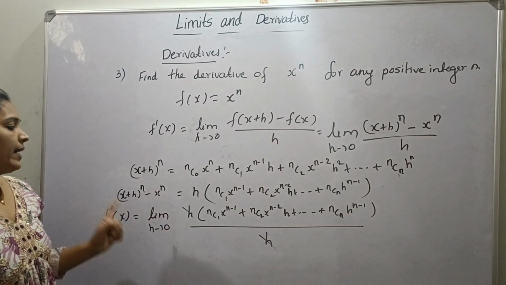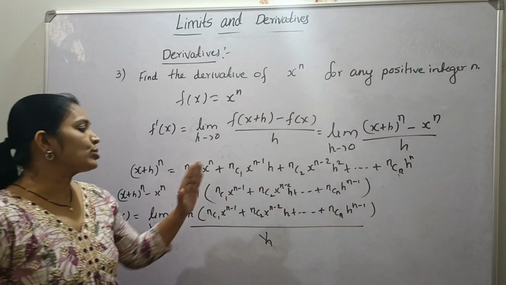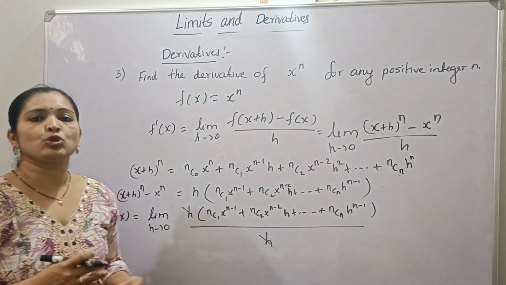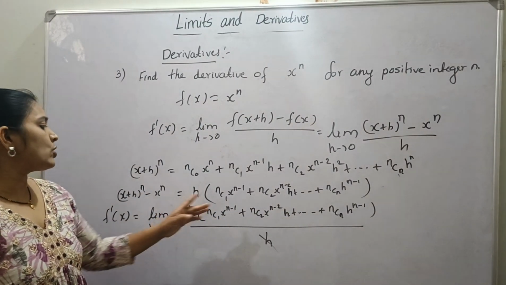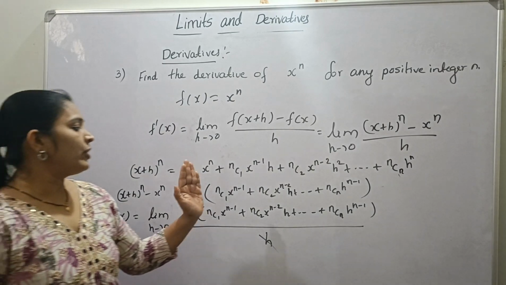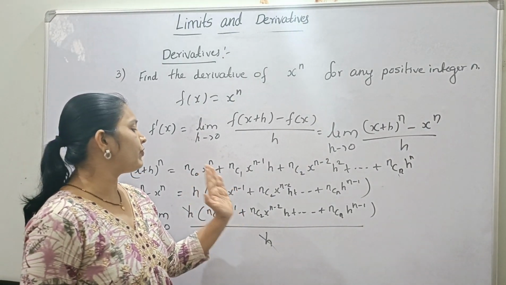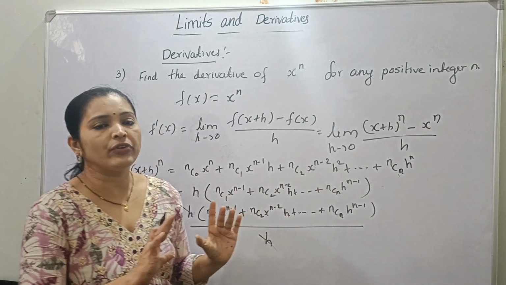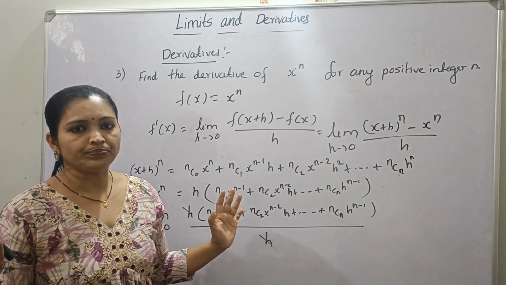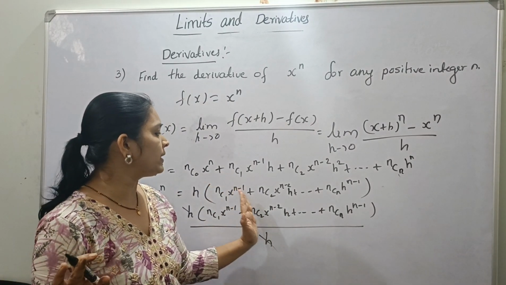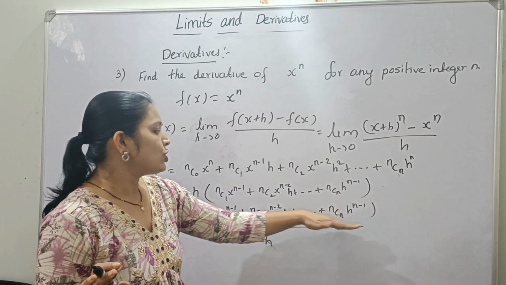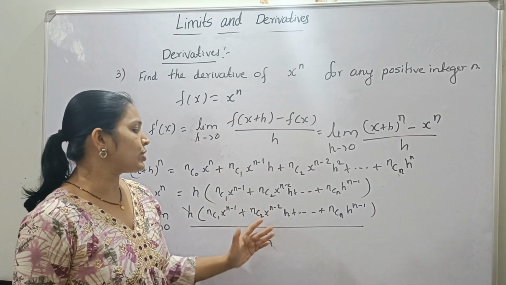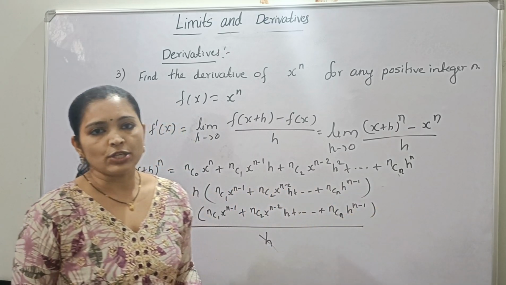Next, let us substitute h is equal to 0 in this. That is the direct substitution method. Put h is equal to 0 and see what we will get. From the second term to the end, every term has h, so h is common in all those terms. When we substitute h is equal to 0, these terms become 0.